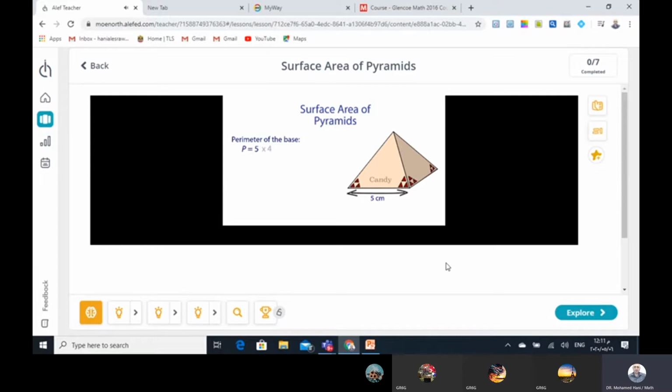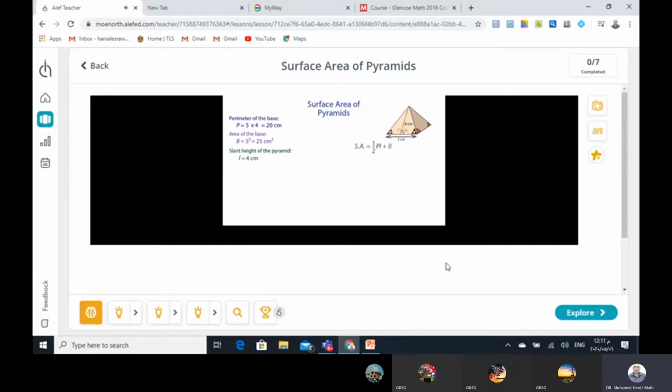We can multiply that by 4 to get the perimeter of the base. If we square the length of the base, we see that the area of the base is 25 square centimeters. The slant height, or the height from the middle of the base to the apex, is 4 centimeters.